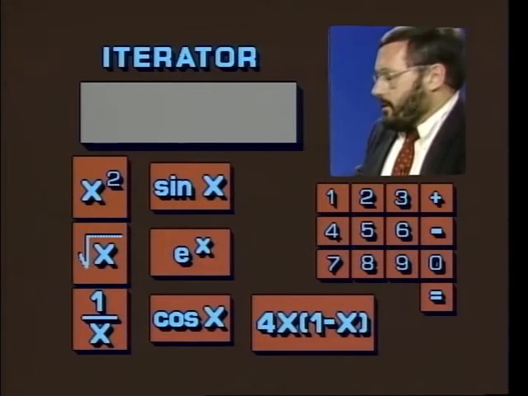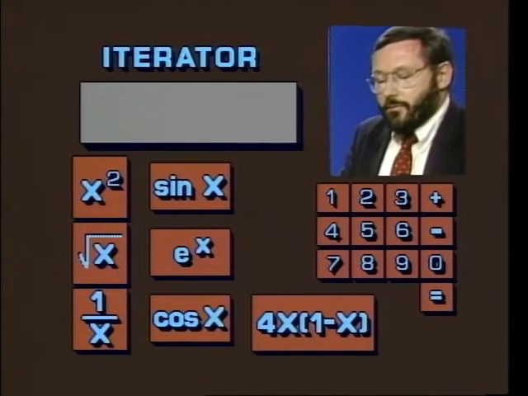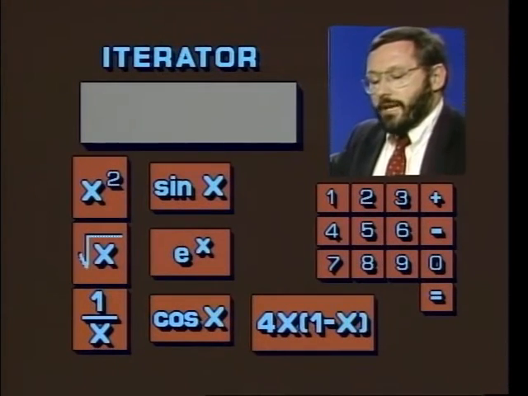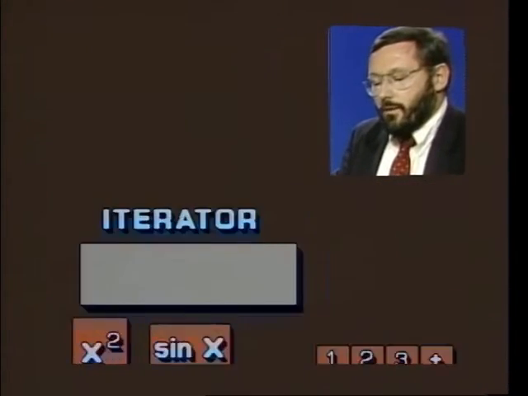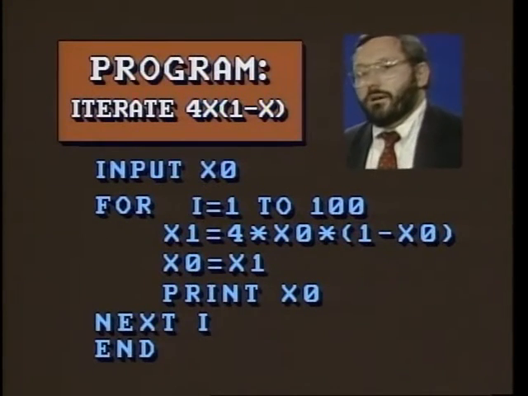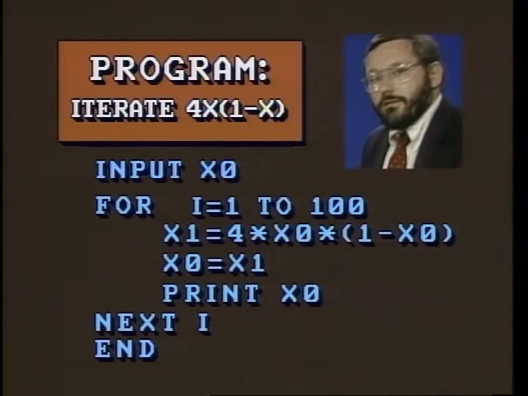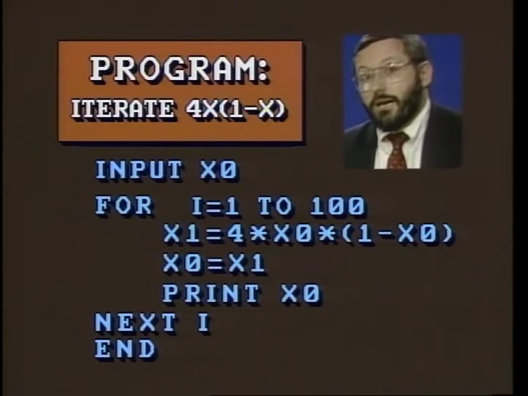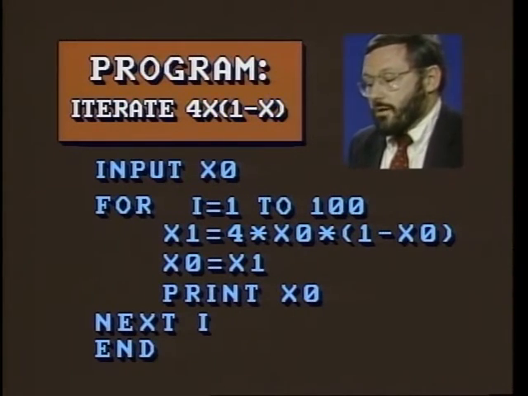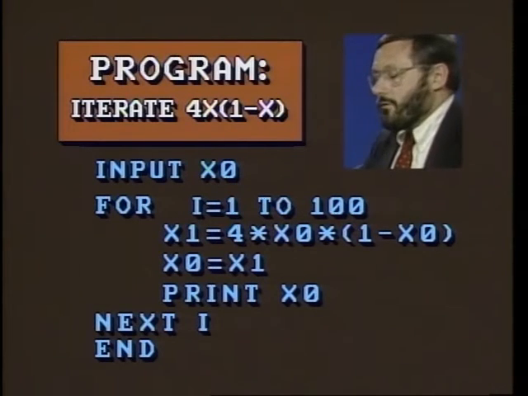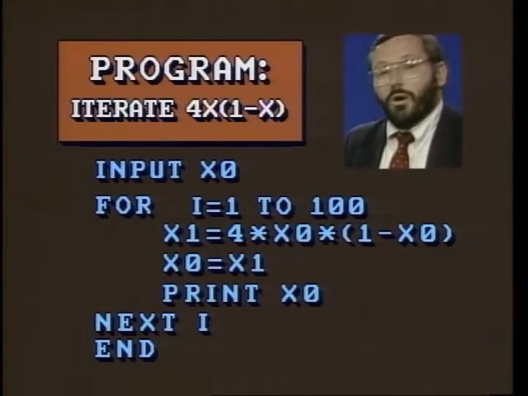Okay, well, notice that most iterators don't come with a 4x times 1 minus x button, but that's no problem. Most computers do. You could very easily program a computer to iterate a quadratic expression, or in fact any mathematical expression, like 4x times 1 minus x. Here's a simple program to iterate the function 4x times 1 minus x.